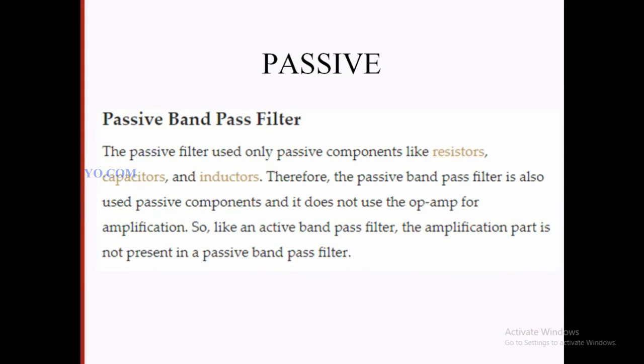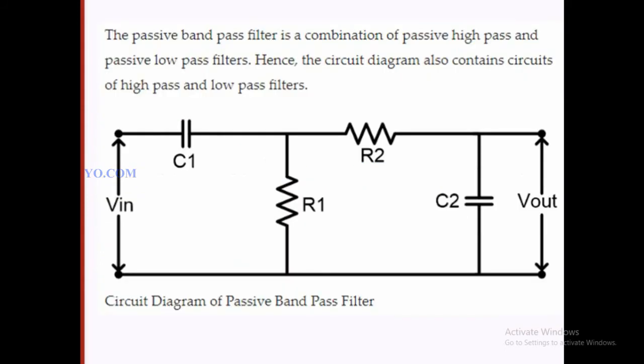So unlike an active band pass filter, the amplification part is not present in a passive band pass filter. The passive band pass filter has only a high pass filter and a low pass filter, with no amplification. So this is a circuit diagram of a passive band pass filter. Initially the input is connected to a high pass filter, then the output is connected to a low pass filter. So the output is a band pass signal.